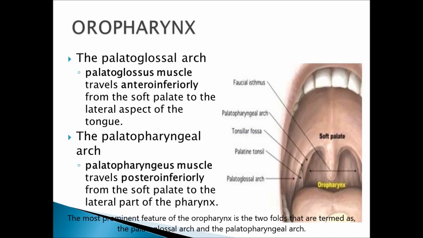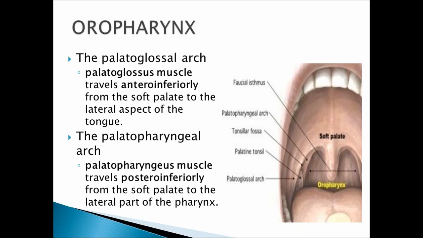The most prominent feature of the oropharynx is the two folds that are termed the palatoglossal arch and palatopharyngeal arch. The palatoglossal arch contains the palatoglossus muscle, which travels from the soft palate to the lateral aspect of the tongue, and the palatopharyngeal arch contains the palatopharyngeus muscle, which travels from the soft palate to the lateral part of the pharynx.